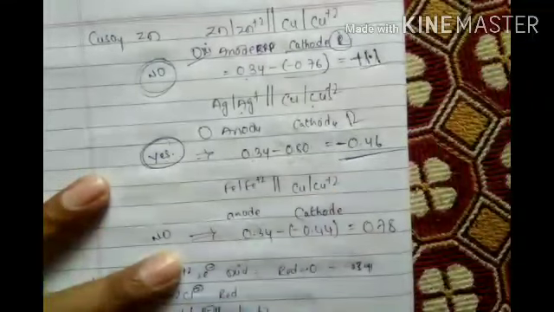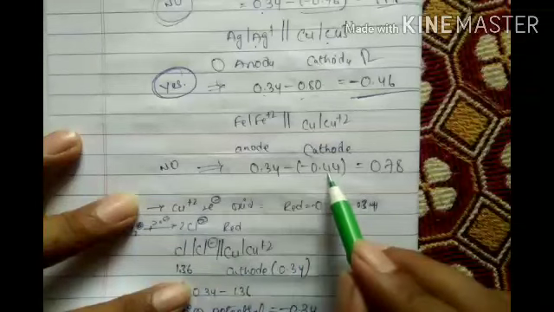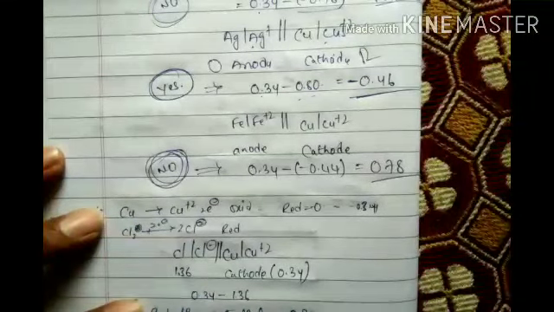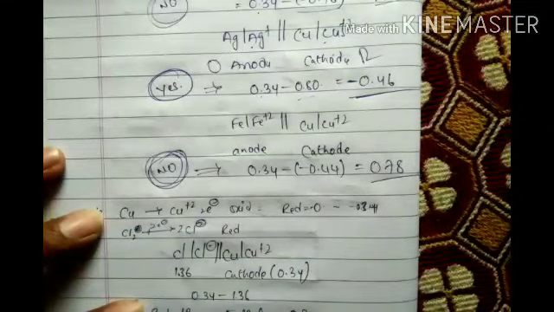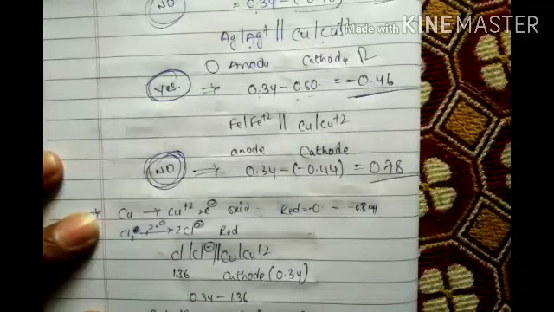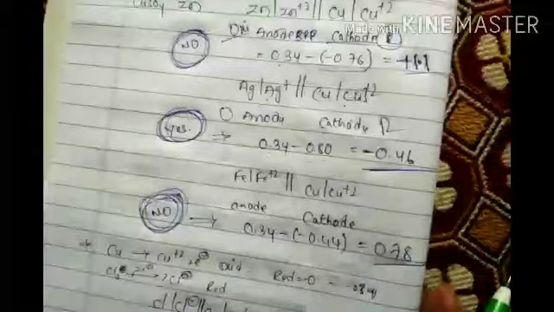Got it? So, negative came, yes. Now, 0.34 minus 0.44, positive came. So, reaction is no. Got it? This way we have to do the problem. A, B, C, 3 problems we done.